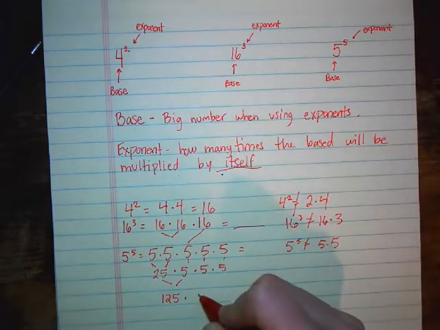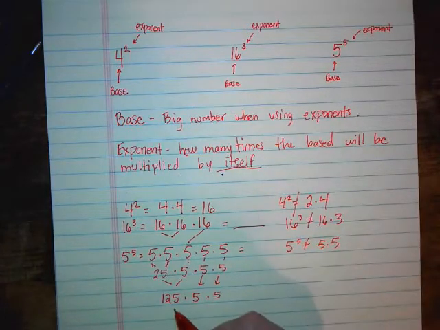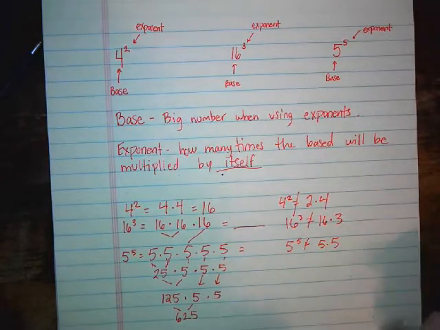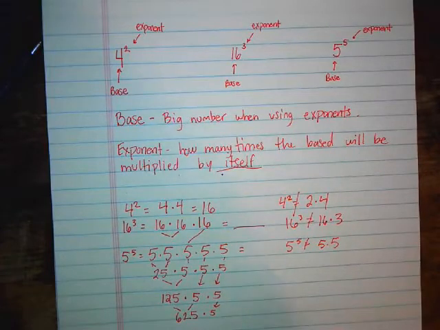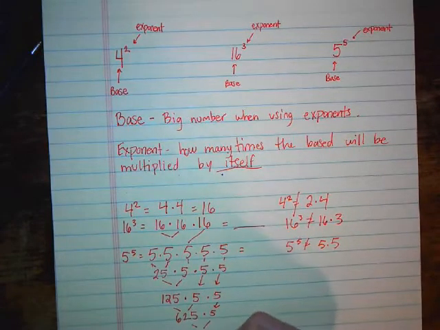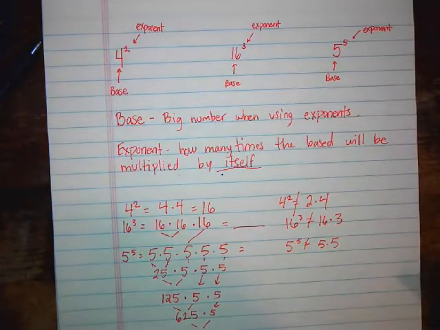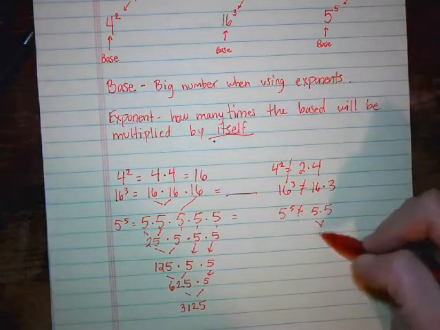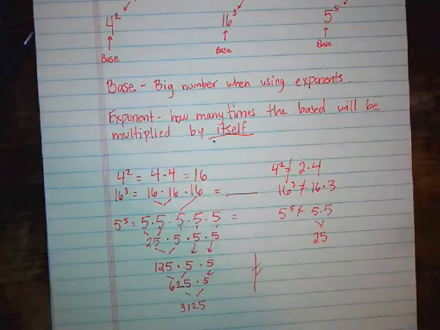And now we have 2 5s left. 125 times 5 is 625. And 625 times 5 is 3,125. And if we are to come over here, 5 times 5 is 25. And those two things are not equal to each other.